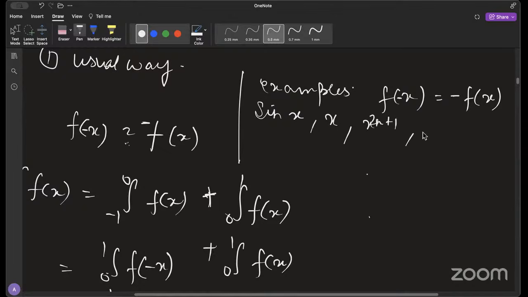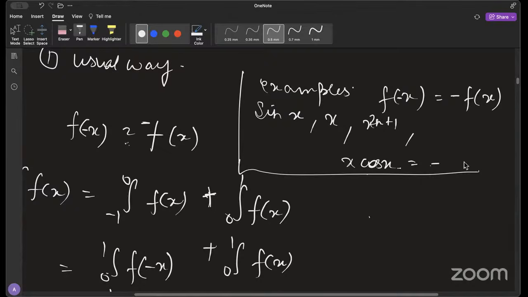We have a lot of functions like that. I can't think of more right now. And x cos x also. No, cos x is not one such function, but x cos x works, right? So x cos x is also one such function.